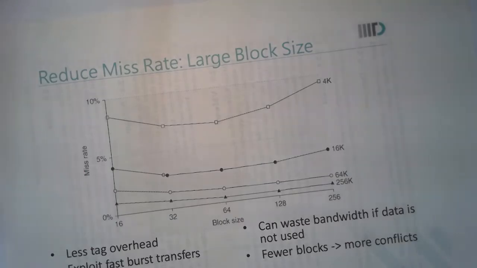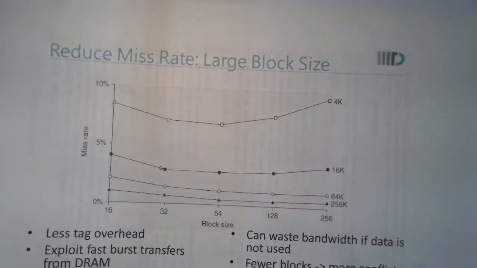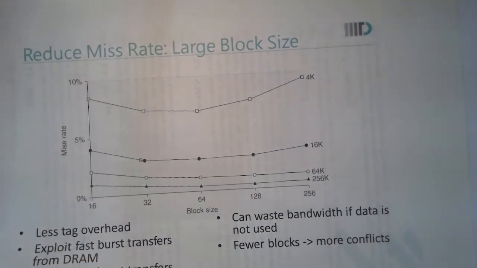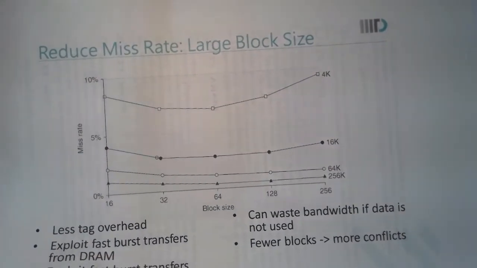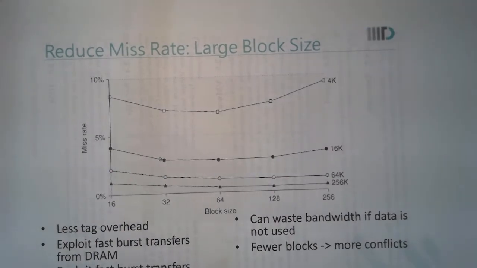So, one thing we can look at is the block size. We know that every time there is something we need to bring in from the main memory, we bring it as a whole block. Now, what should be the size of the block? Should it be a small one or a big one?